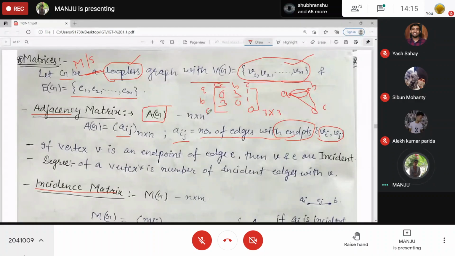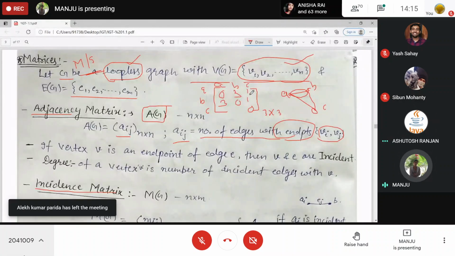C and A is the same as A and C, so this number will be here. C and B, 1. C and C, 0.